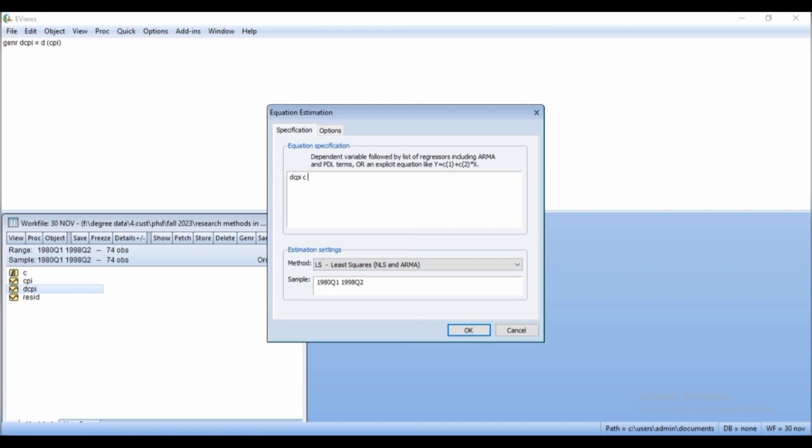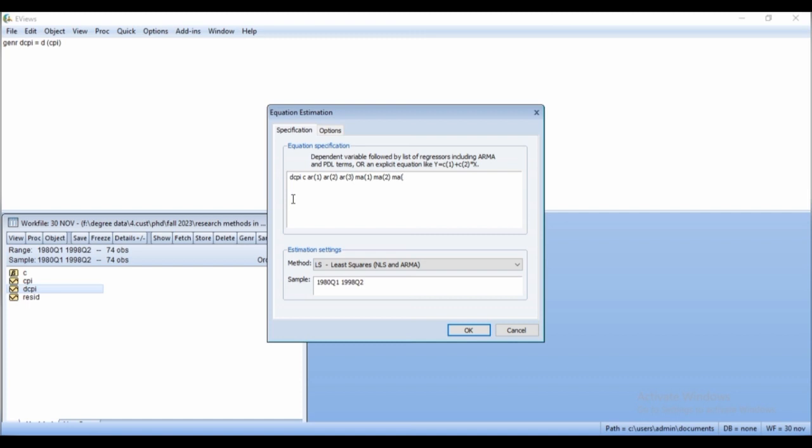So here we will write AR1, AR2, AR3, and for Q we will write 4 in the first model and 7 moving averages in the second model.